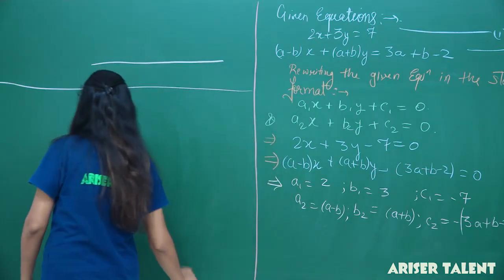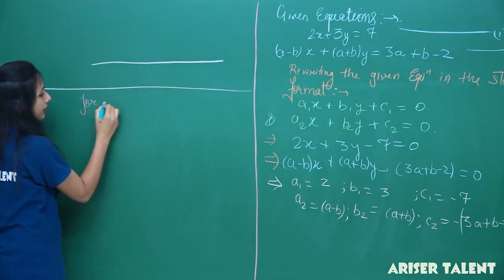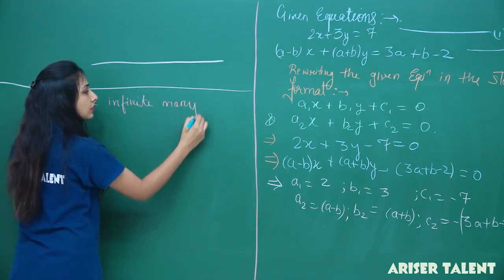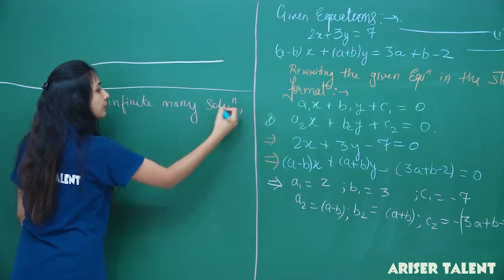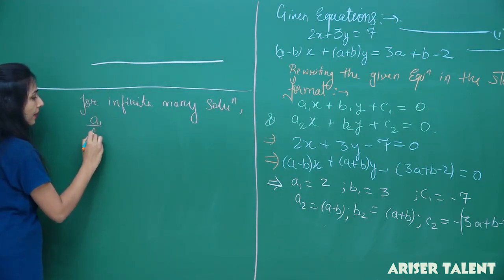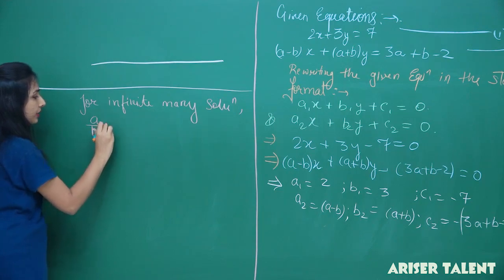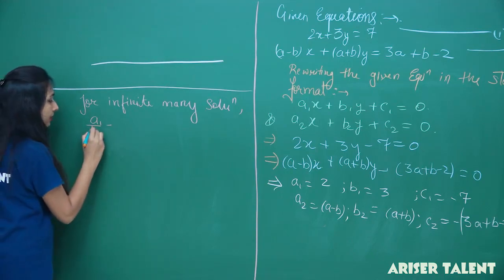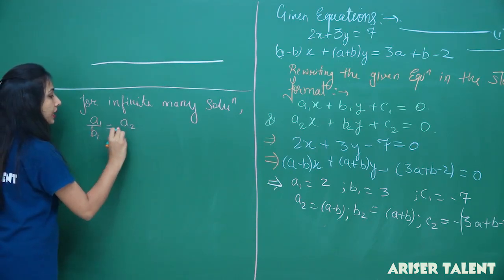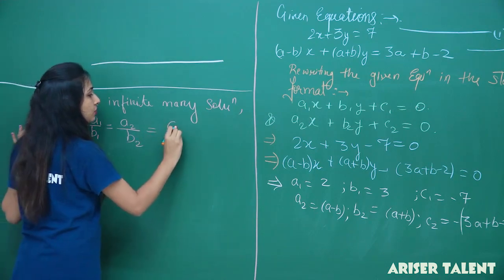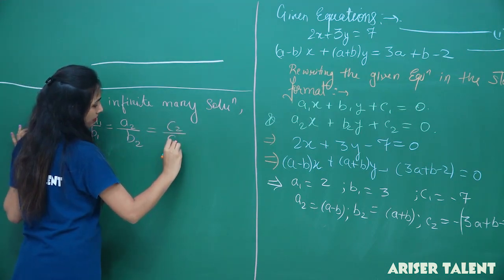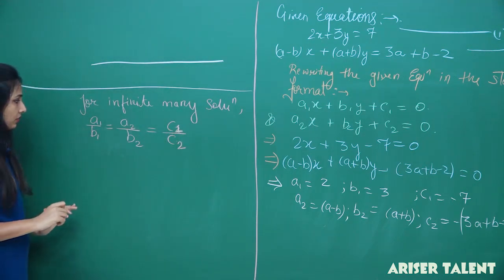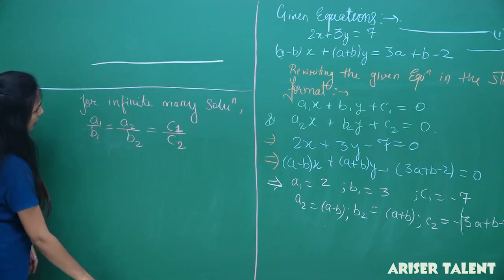May I write, for infinitely many solutions, what it should be: a1 by a2 equals b1 by b2 equals c1 by c2. This should be done.